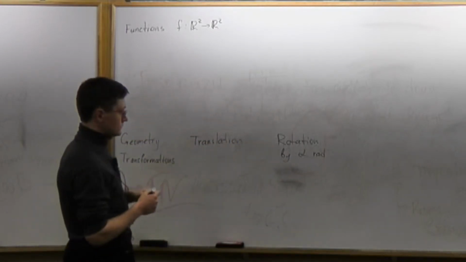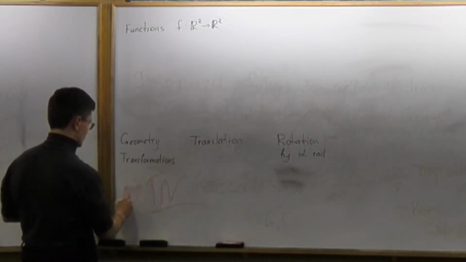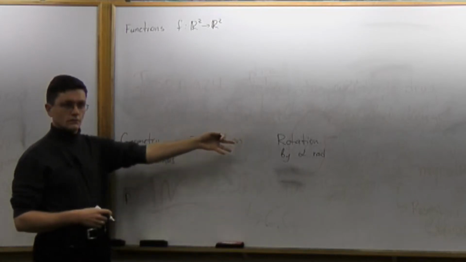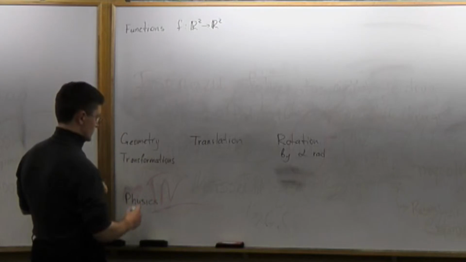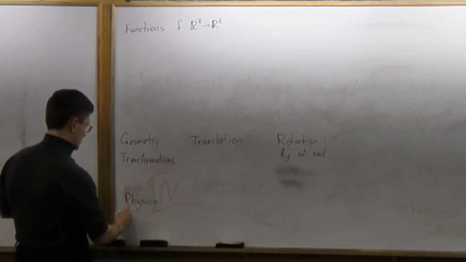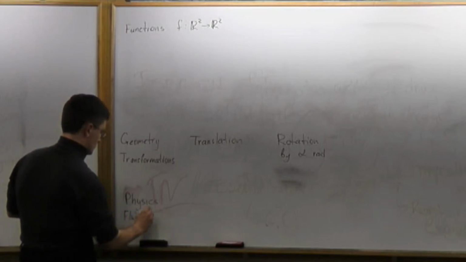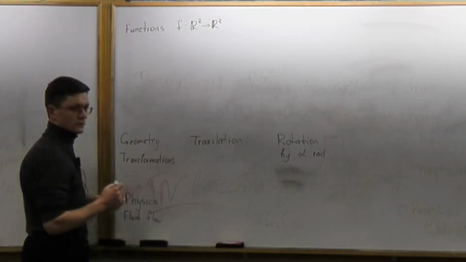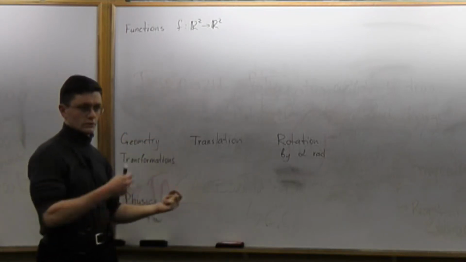Now, what we may want to do is explore a different point of view on the same objects. For example, physics suggests to look at fluid flow, and understand a function from a plane to a plane as a function from a point to a vector.